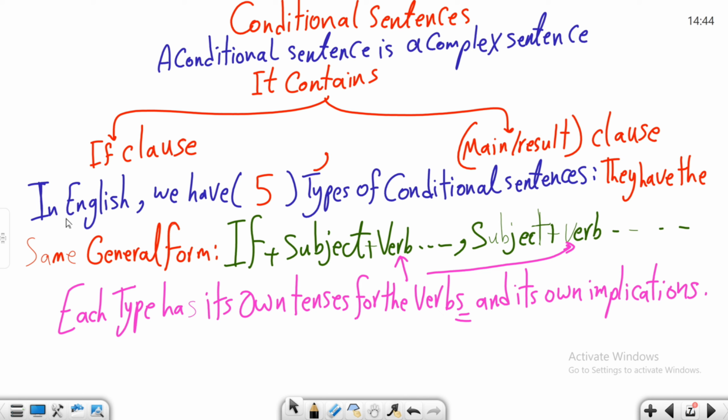As you see here, my friends, we have 5 types of conditional sentences. All of them have the same general form. We have if, subject, verb, and then the complement of the clause.